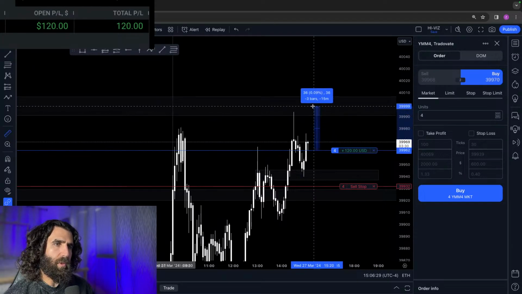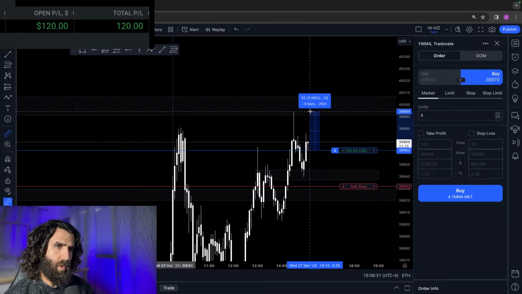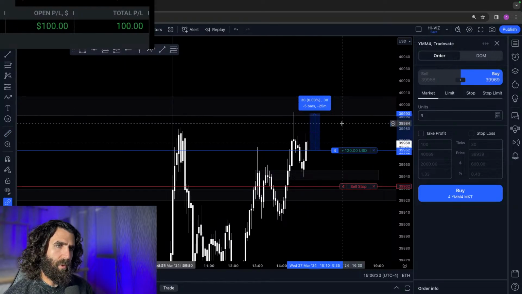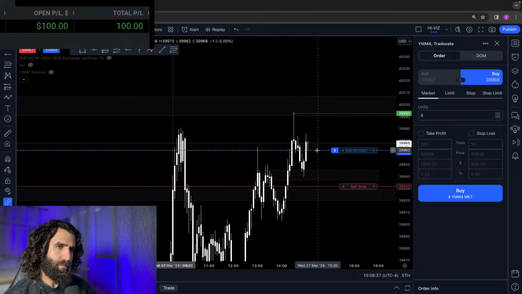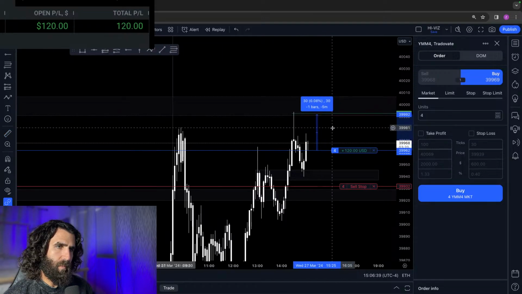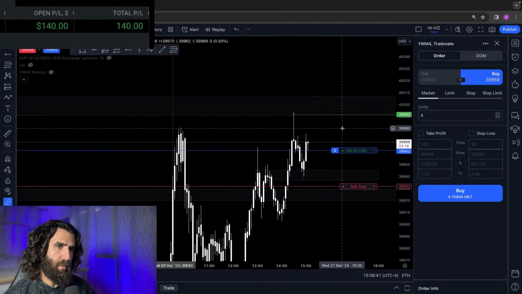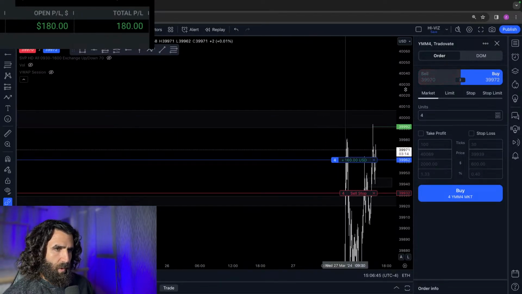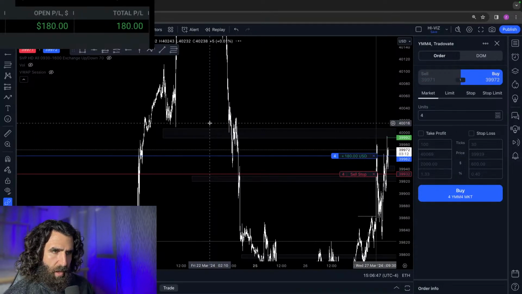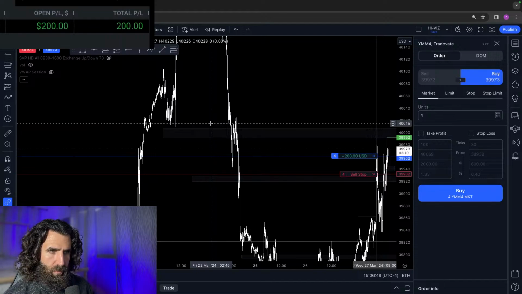Again, we would be at 1-to-1 of our starting risk right about here. Just a tick lower. That would be pretty sweet. Again, looking for this end of the day move as it goes.